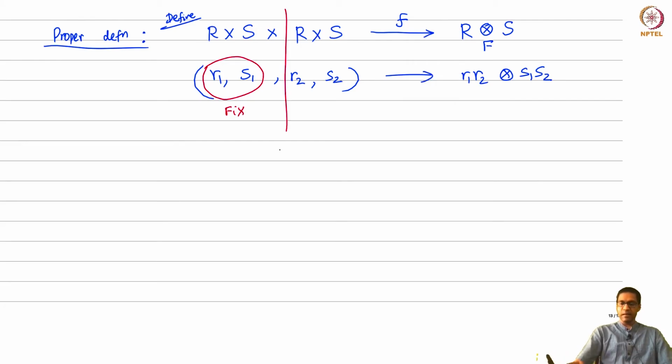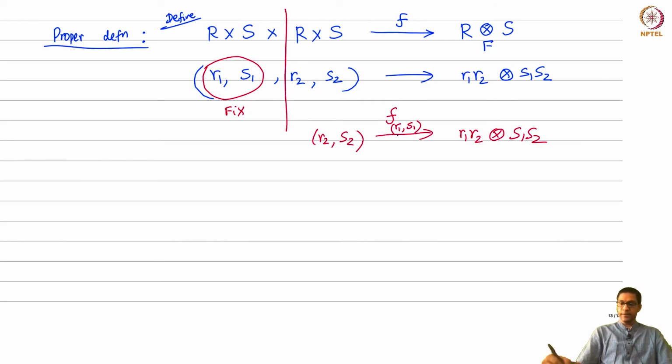Think of it only as a map from R cross S to R tensor S. So this overall map is called F, but the map which I get when I fix an R1 and S1, which sends R2, S2 to R1 R2 tensor S1 S2, I'll call F sub R1 S1. So I'm fixing R1 and S1 and I get a map like this.